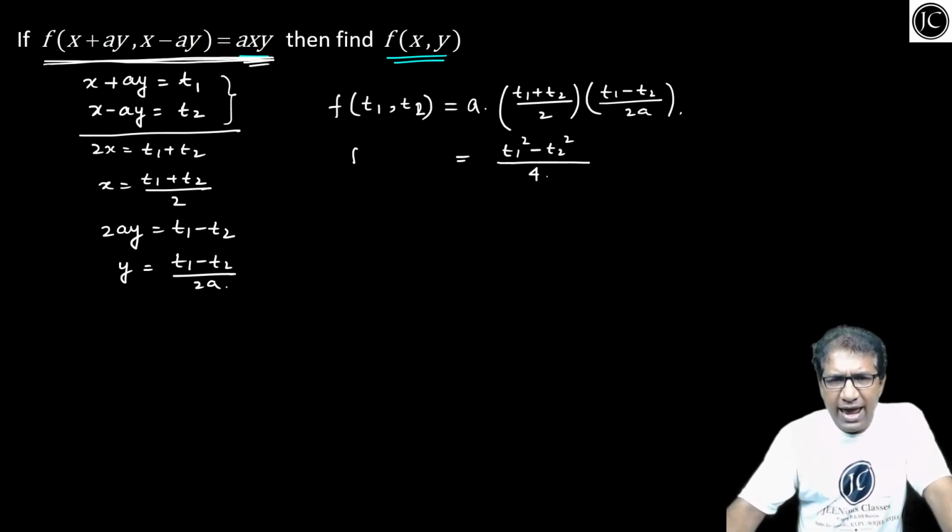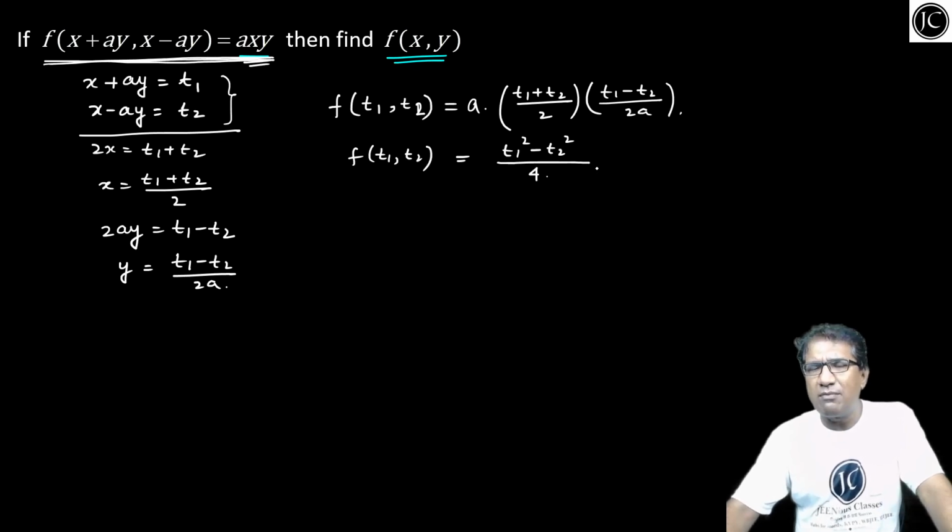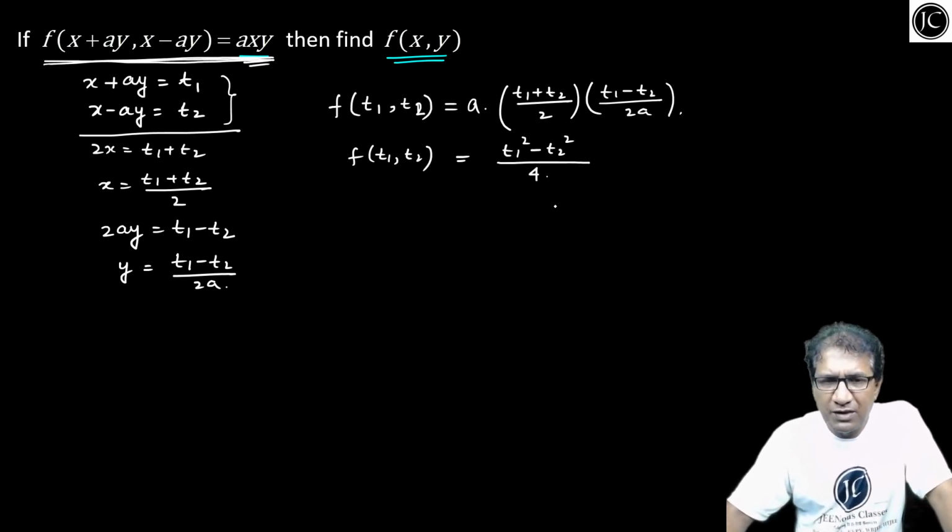Yes or no? So f of t1 comma t2 is (t1 square minus t2 square) divided by 4.